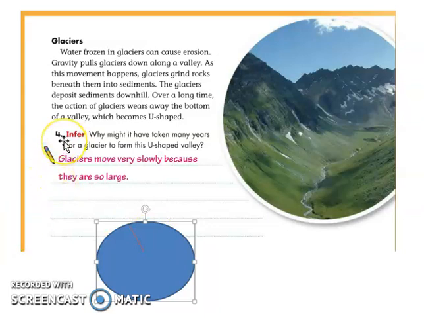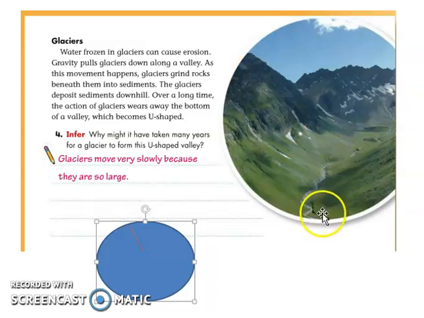Okay, so let's have number 4. Why might it have taken many years for a glacier to form this U-shaped valley? Because remember, glacier is slowly moving frozen water. When this happened, meaning over time it melts, the water started to flow here.